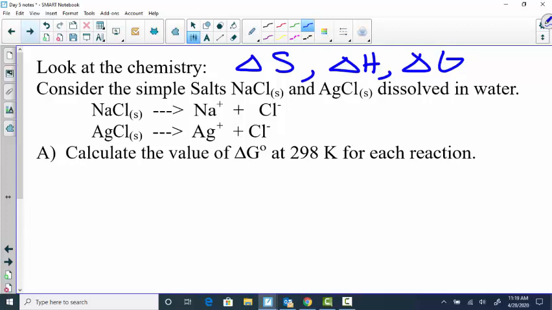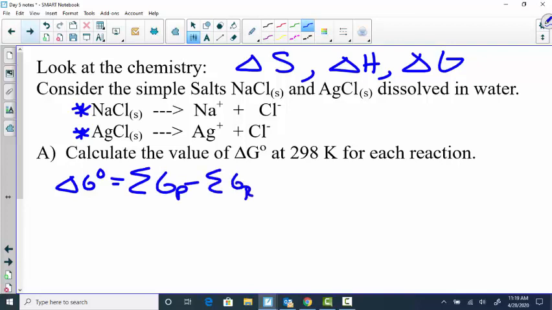So if you look at these two solutions, I take sodium chloride and dissolve it in water. I take silver chloride and dissolve it in water. What we want to do is calculate the delta G values of this. So I actually want to go back to delta G0, Gibbs free energy, is the sum of the G's of the products minus the sum of the G's of the reactants.